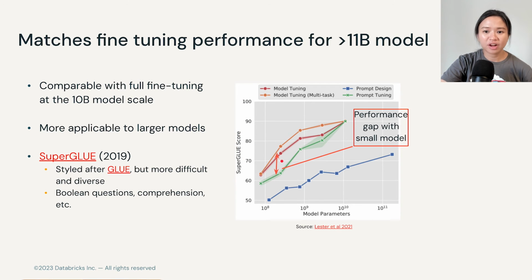We can see that soft prompt tuning doesn't perform as well when the model is small, which intuitively makes sense because smaller models have smaller capacities to learn. But when the model gets larger, we can see that with full fine-tuning versus prompt tuning, the performance actually is very similar. And I also want to call out with this image that prompt design is referring to the manual prompt engineering that we have to do.